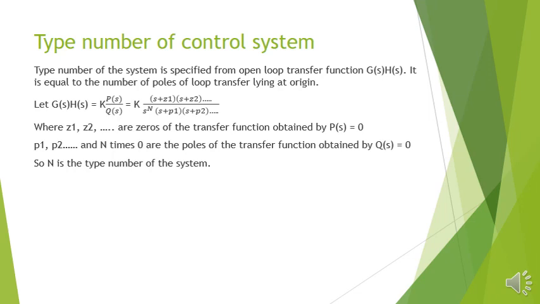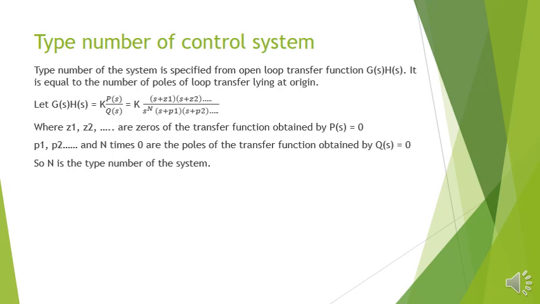Now here z1, z2, z3 are the zeros of the transfer function obtained by equating the numerator polynomial, that is P of s, equal to 0, and p1, p2, p3 as well as n times 0 are the poles.